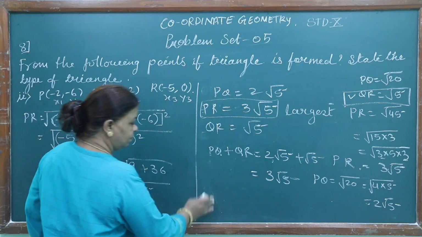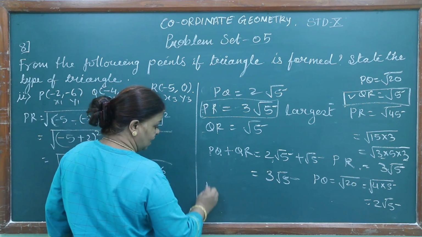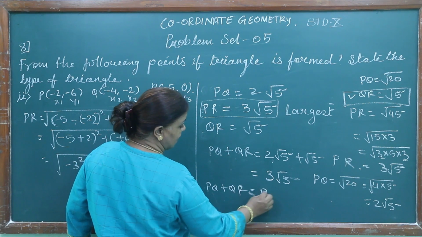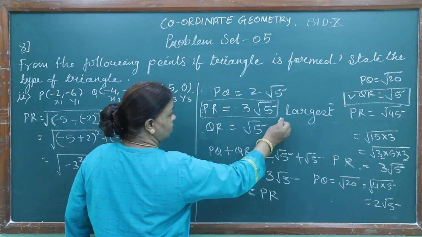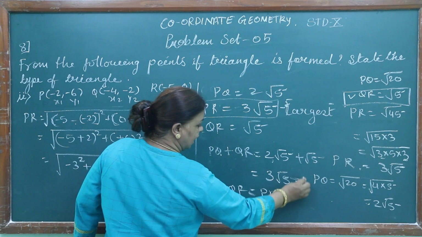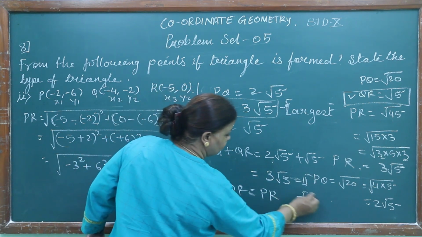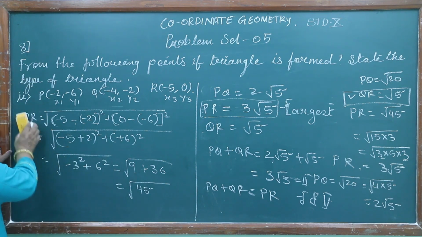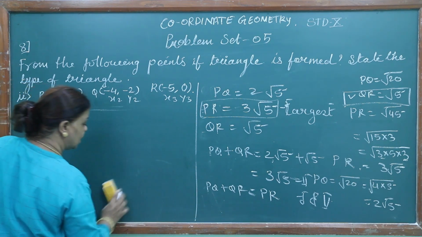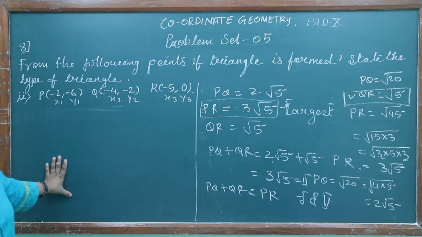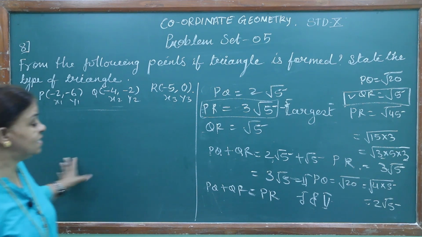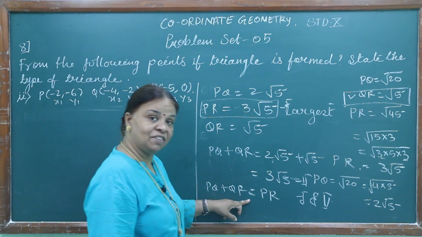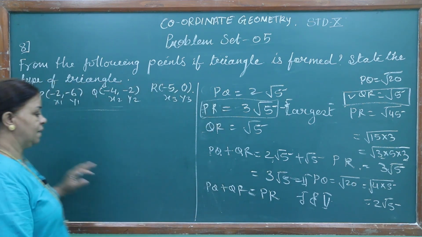So I can say PQ plus QR is equal to PR, from 1 and 2. From 1 and 2 we can say. So are they forming a triangle? No, they will not form a triangle because the sum of the two distances is equal to the third distance. Then they do not form a triangle, but the points lie in one line. We have done this concept.